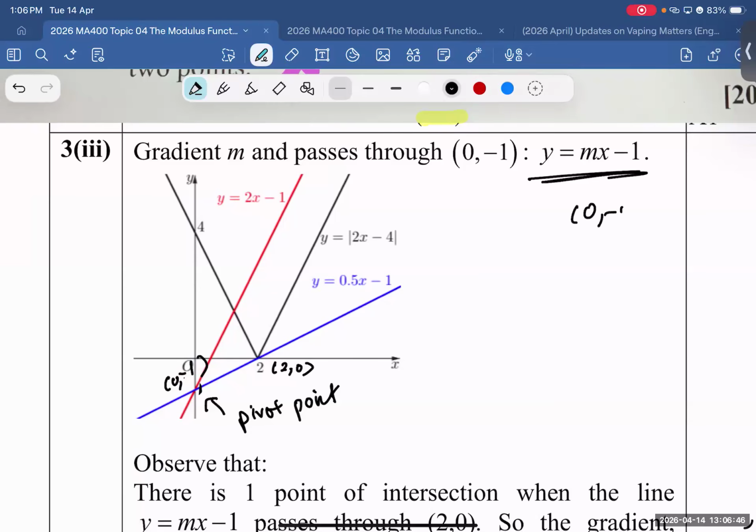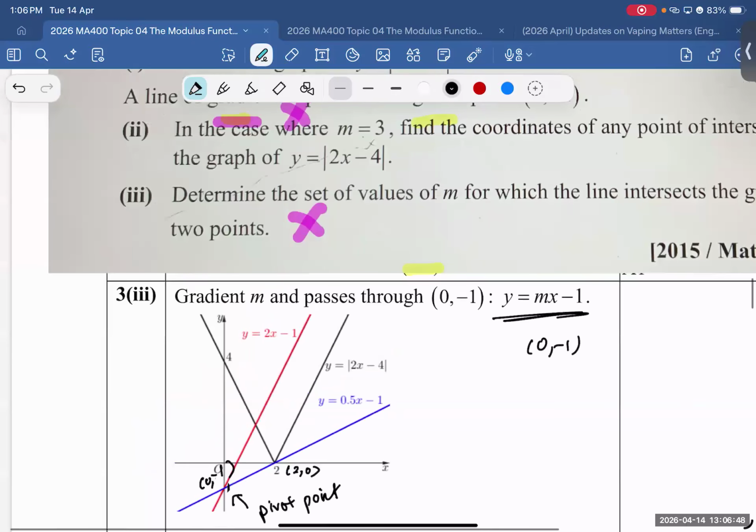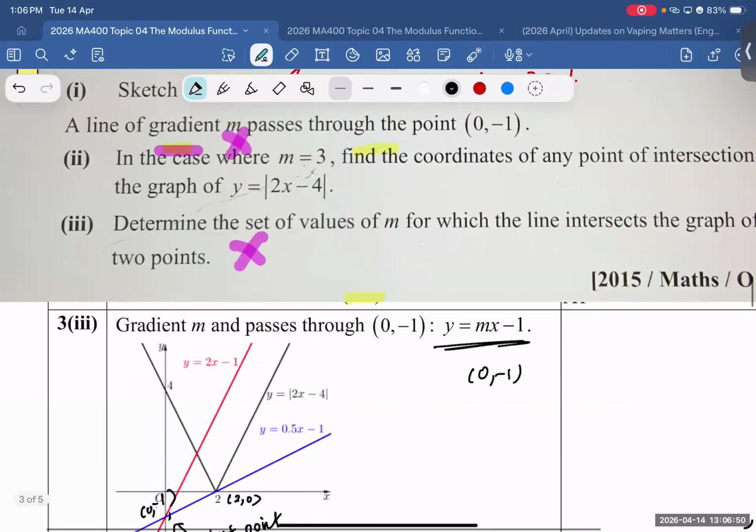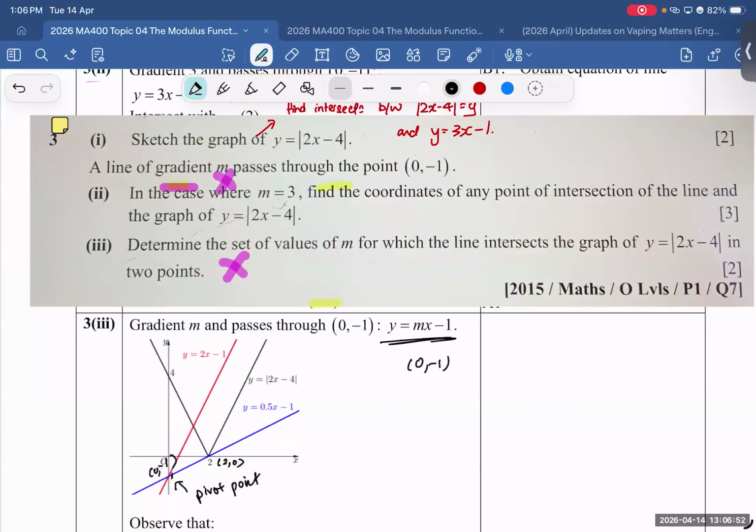Determine the set of values for n for which the line and this point. No matter how I change n, this point will always lie on the line. If I'm pivoting, the gradient will change, but this point will always stay.